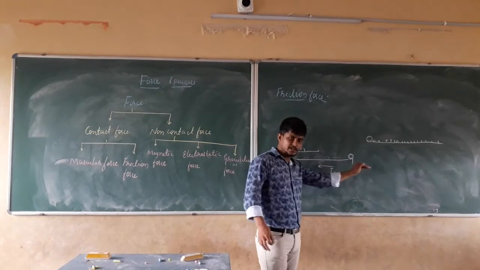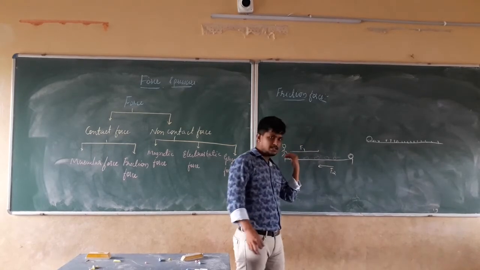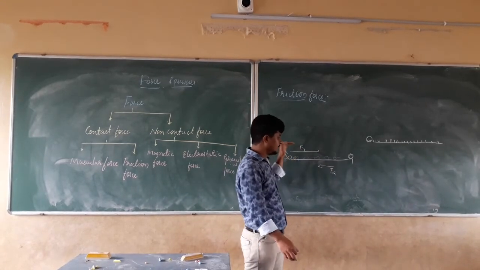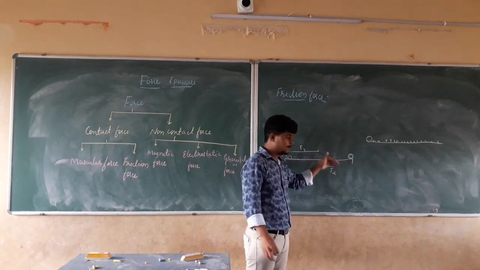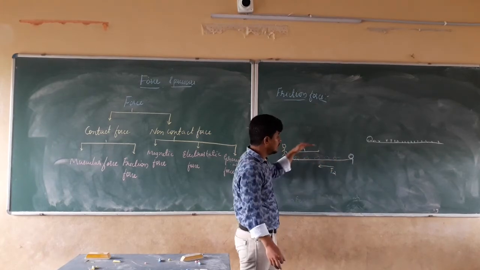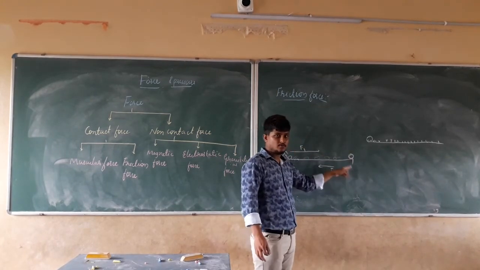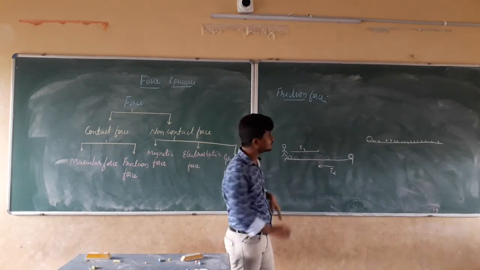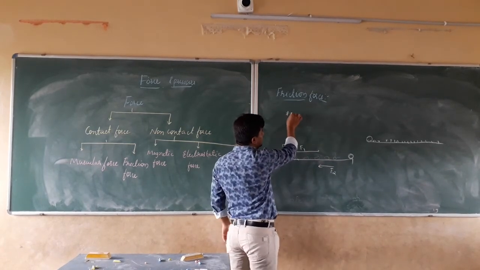The object is moving in this direction, the force is coming in this direction. Friction is the opposing force to the motion of the object, right? We can define friction force.